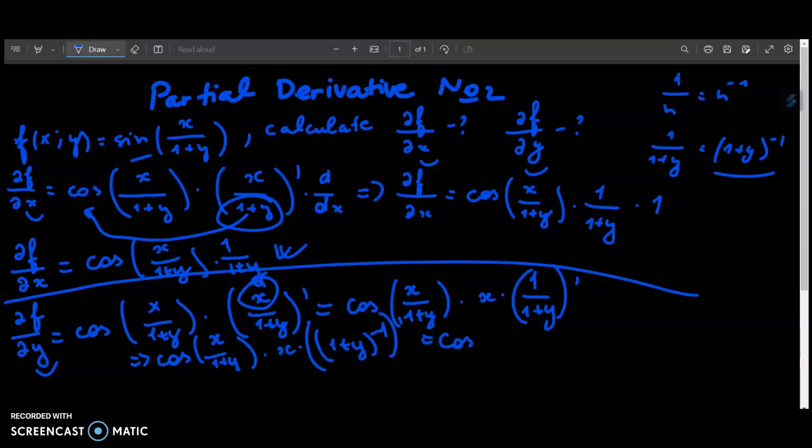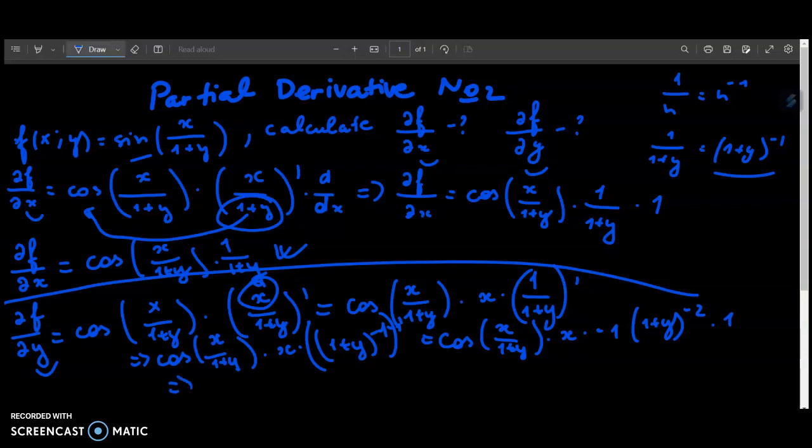If you take the minus 1 from the exponent, it's going to be minus 2, and multiply by the derivative of the inside part. The derivative of the inside part, 1 plus y, is just equal to 1.